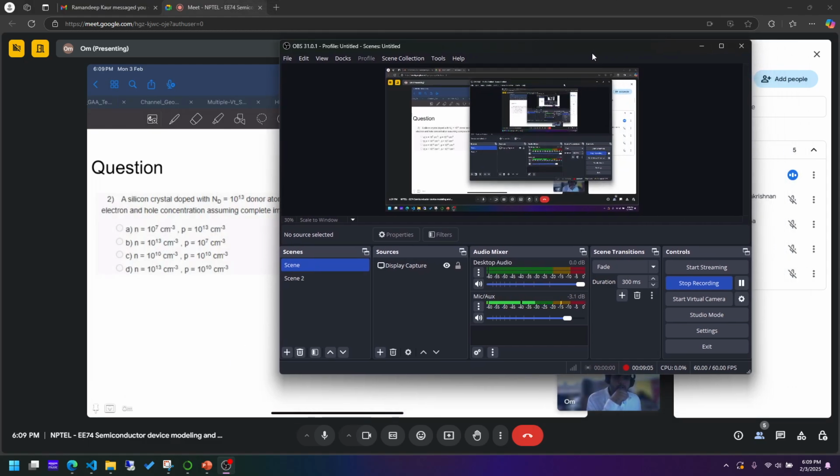Does anyone know how to do this question? Are you able to solve it?